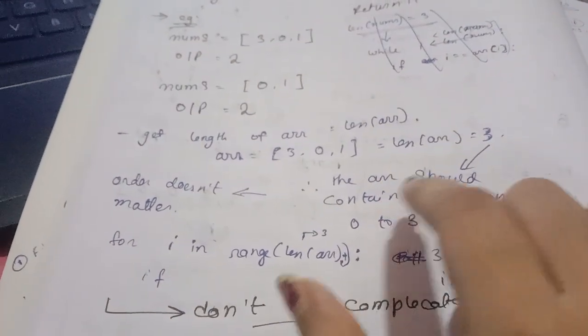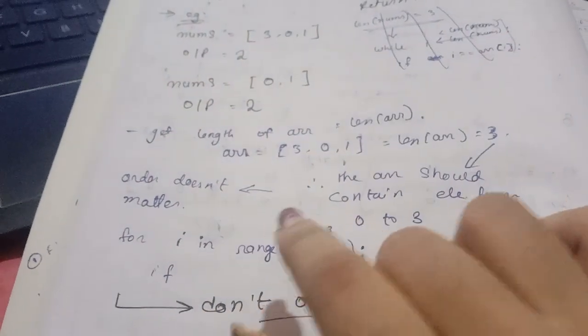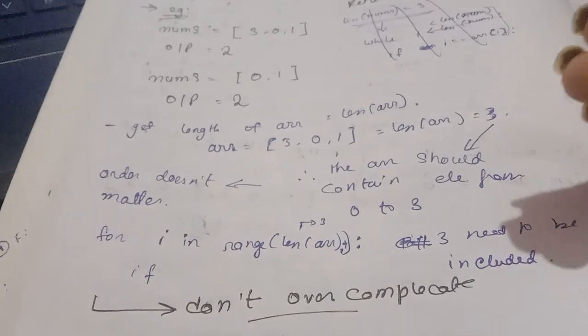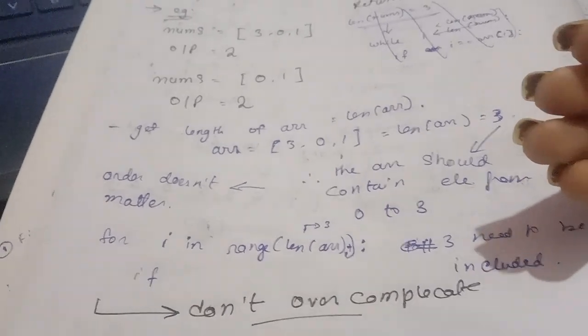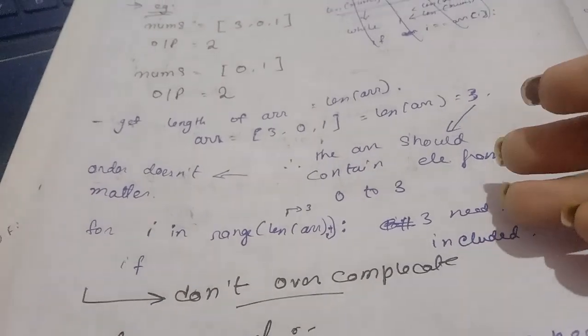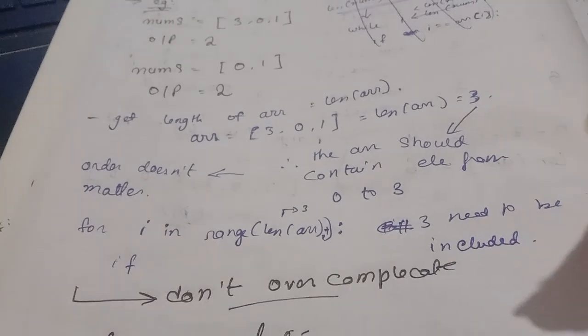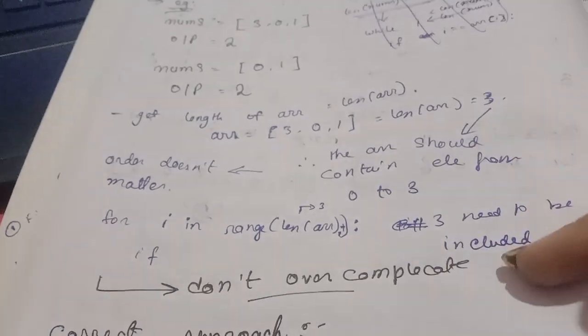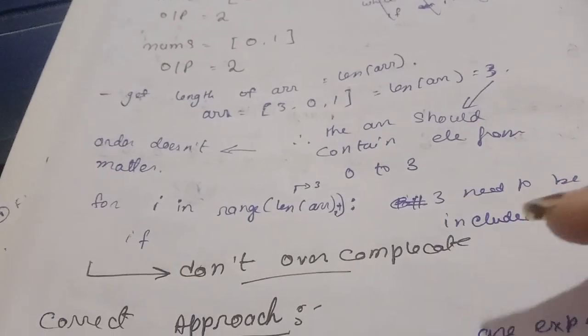As order doesn't matter, we can just check if the elements from 0 to 3 are present in the array. If yes, then fine. If not, then we can add the elements within 0 to 3. This is one approach I thought of, but it was getting complicated, and I could not improve it properly.